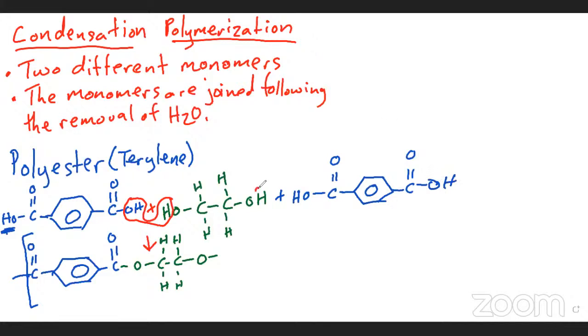So again, hydrogen from the alcohol, OH from the acid. So now this carbon, the H is gone, the OH is gone. Next in line is this group here. C. And I just draw back everything here.